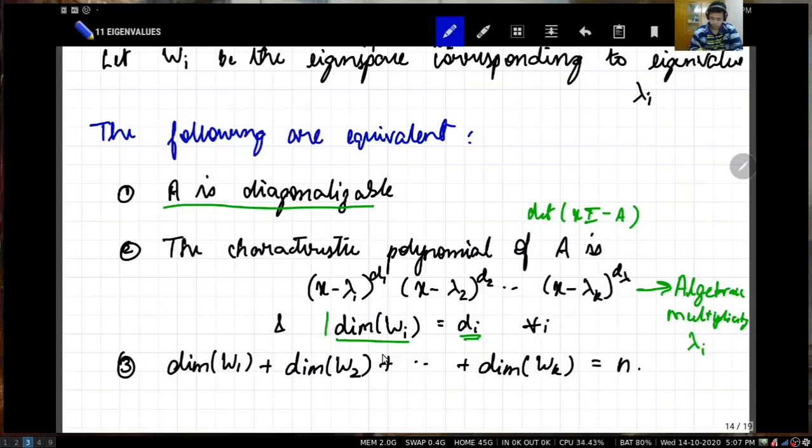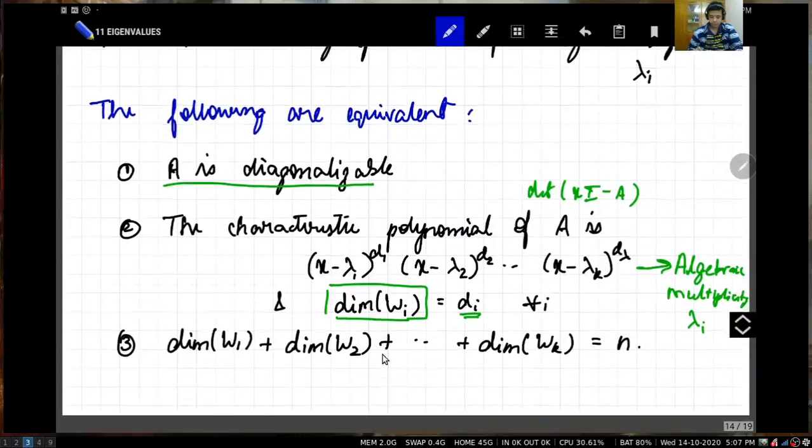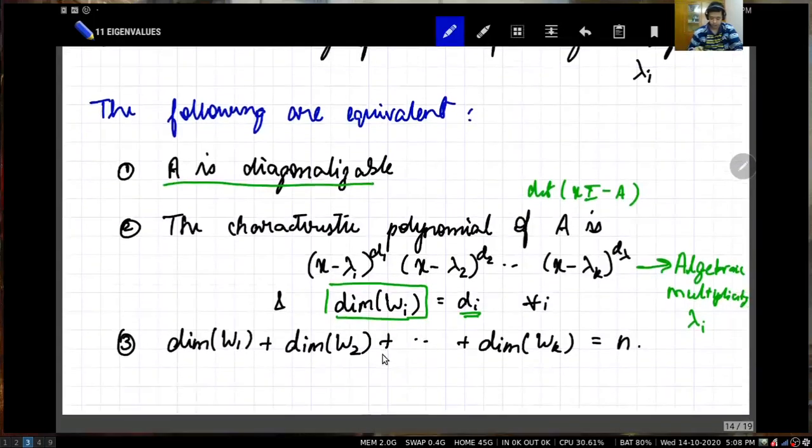This other quantity, the dimension of Wi, the dimension of the eigenspace, is a very geometric quantity, and therefore it's called the geometric multiplicity of lambda i. So A is diagonalizable if and only if the algebraic multiplicity is equal to the geometric multiplicity. An equivalent condition is that the sum of the geometric multiplicities is equal to n, assuming that A is an n by n matrix.